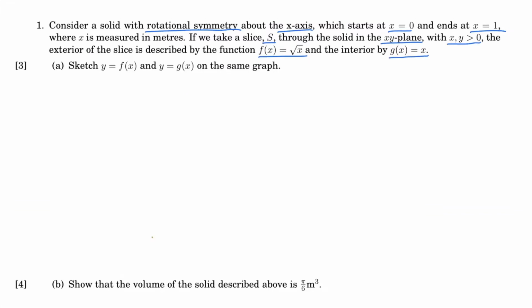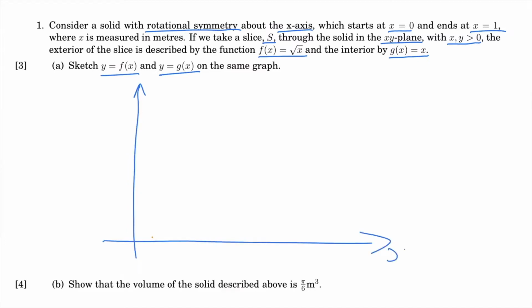Okay, so for the first part, we're asked to sketch these two curves that describe the interior and exterior of my solid. First of all, set up your axes, x and y, and always make sure you label those. Then let's think about the exterior. This is given by root x, which looks something like this.